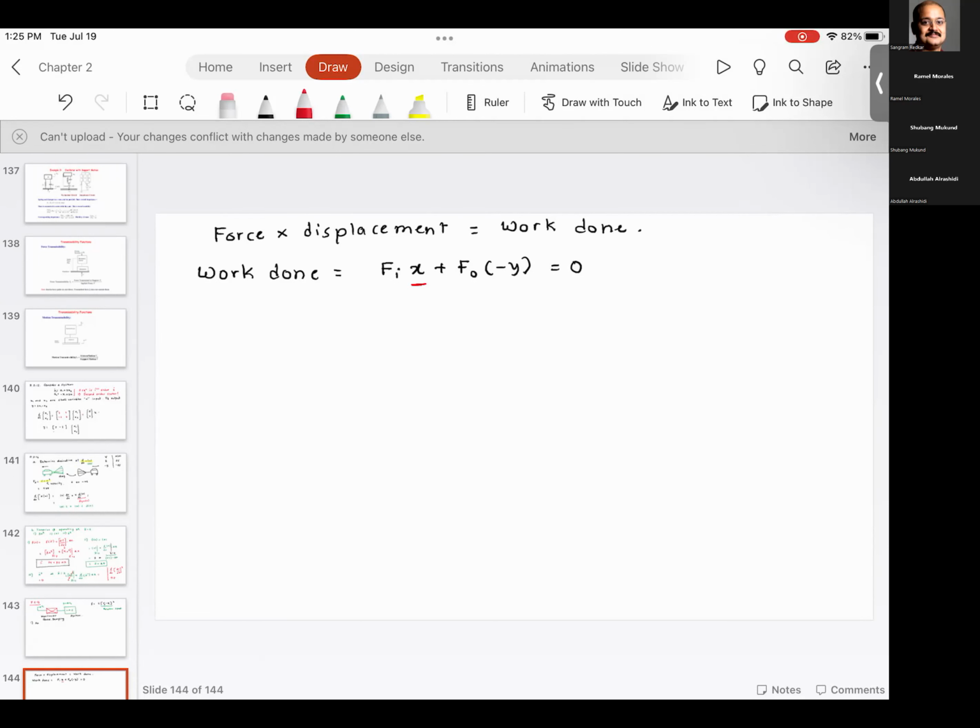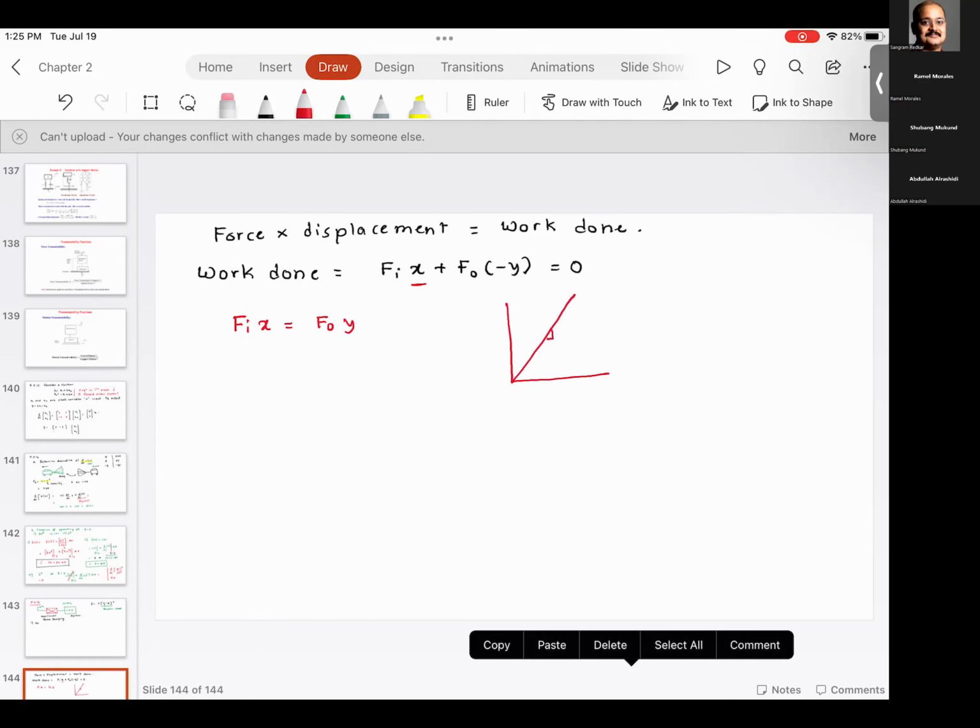So we are going to write Fi x is equal to F naught y. That gives you the spring force diagram. Now in this case, in addition, this is the spring force.